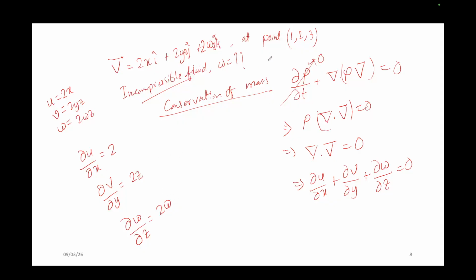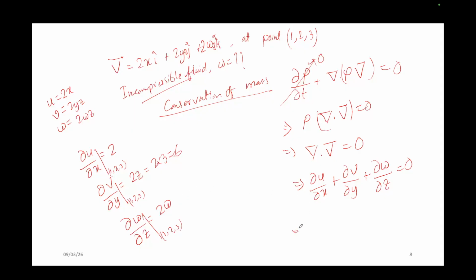Now a point is given, 1, 2, 3. You can put 1, 2, 3. Similarly here, only in z you need to put 3, so it would be 6. Here nothing needs to be put.